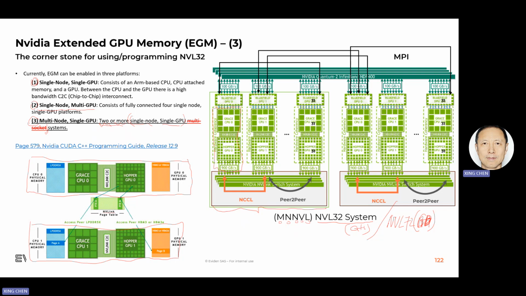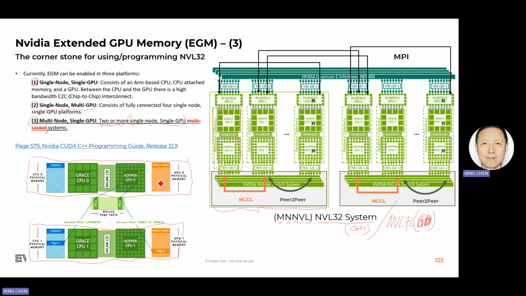In reality, this page table is distributed onto all the CPUs and all the GPUs of the system, because the system will have 4 sockets. Each socket you have a Grace Hopper, so you have in total 4 CPUs and 4 GPUs. So logically, you have a global page table, but that page table is basically distributed onto different CPUs and GPUs.